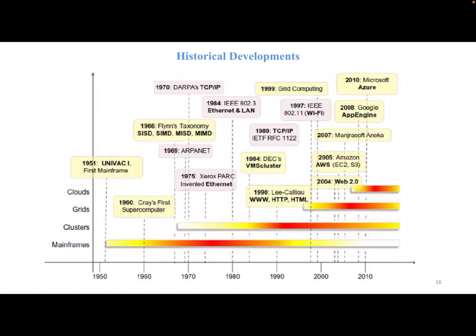So here you can see a pictorial representation of the historical development, how cloud computing technologies evolved over a series of years.